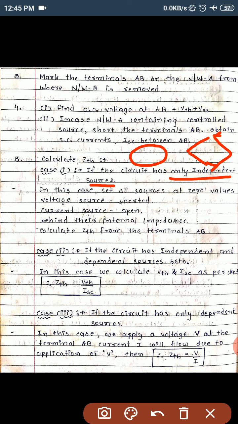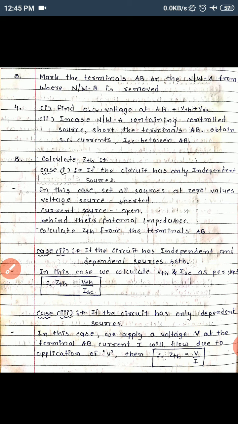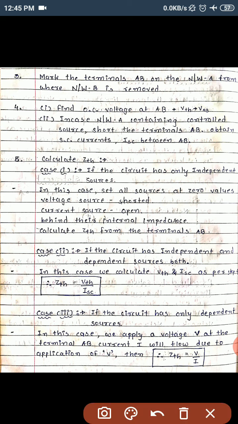Whatever source is given, if the source is independent, in this case set all sources at zero values: voltage sources are shorted, current sources are open, and behind them keep their internal impedance, then calculate the ZTH from the terminals AB. Whenever the first case says that the circuit has an independent source, at that time we make all sources zero.